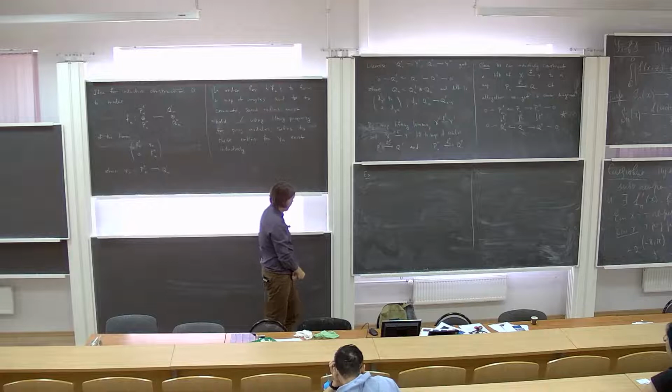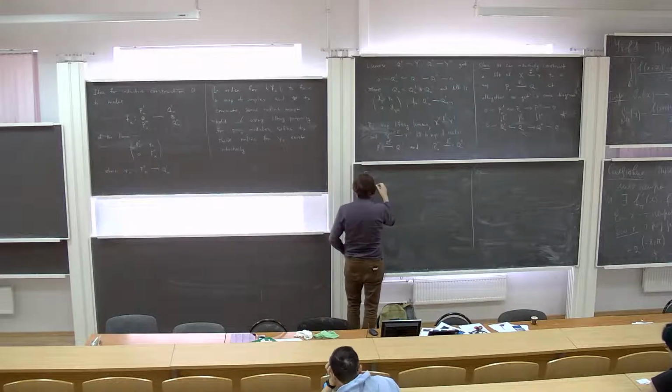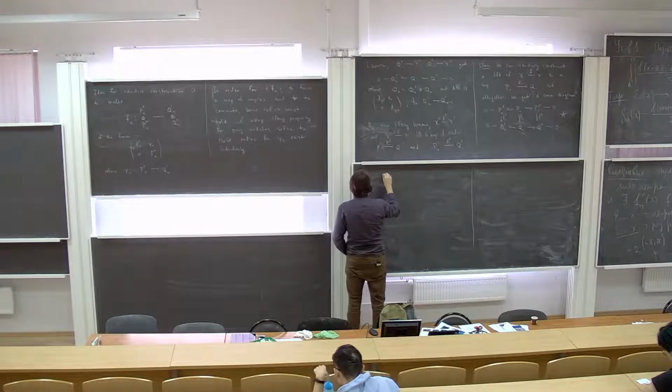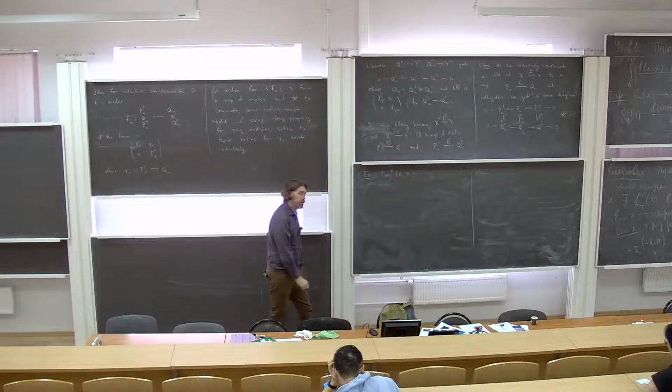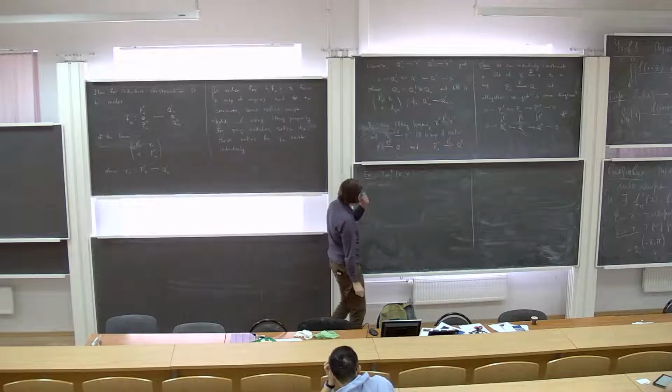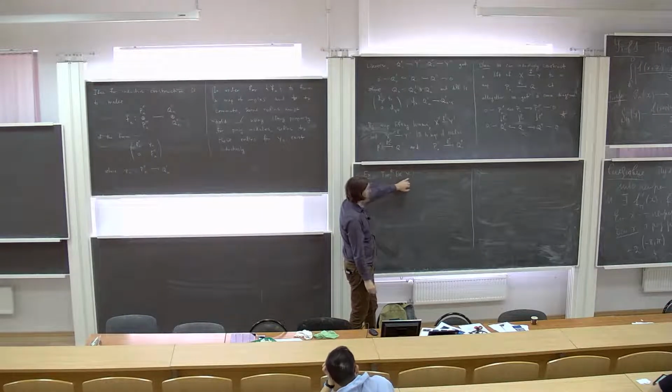So we wrote last time Tor I, R, X, Y. I don't even remember which one we did in class last time, but I could think of X as fixed and Y as variable, or Y as fixed and X as variable.